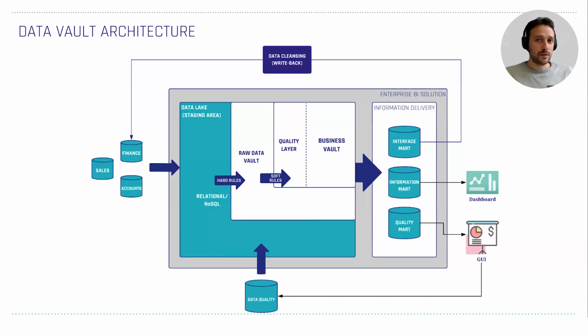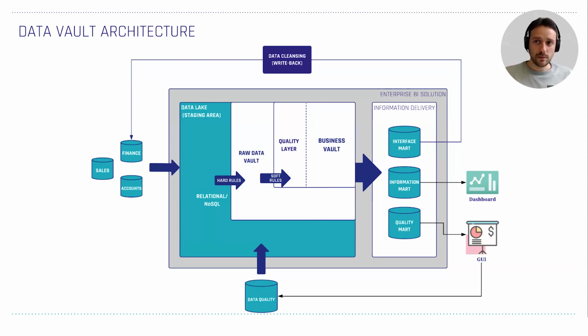Another use case in the data vault architecture, this one is quite advanced in my opinion. In the information marts, you would typically use the cleansed data for reporting. Besides those cleansed information marts, you can create a quality mart, which will pick up only those records that are bad or ugly.